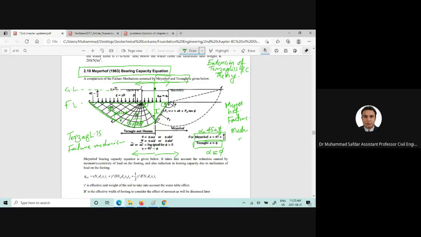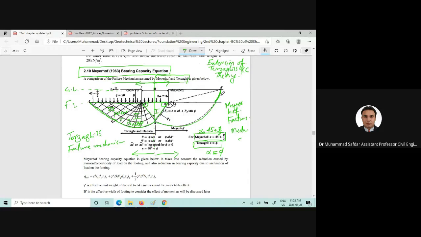However, if we look at the slip surface from the Meyerhof bearing capacity theory, we can clearly see that this portion is included in deriving the Meyerhof bearing capacity equation.